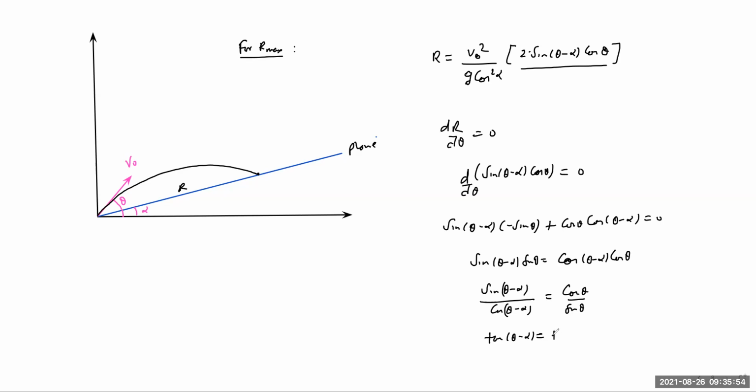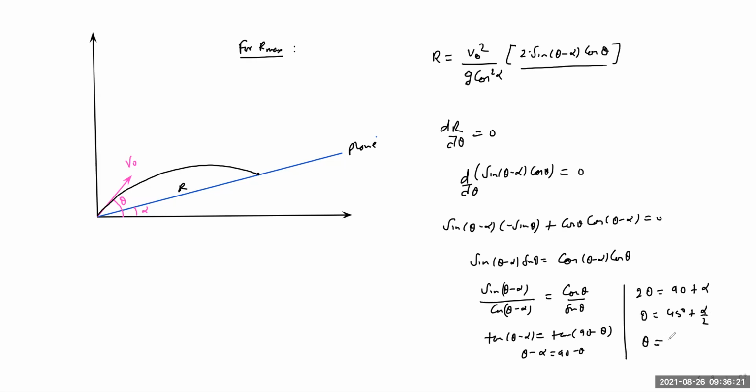So which you can also write as tan of 90 minus theta, because that's where we can compare and we can see something. What we can see is that theta minus alpha is the same as 90 minus theta. It's always solved because both are tans, we can compare the angles. So what you are getting is 2 theta is 90 plus alpha, so theta is how much? 45 degrees plus alpha by 2.